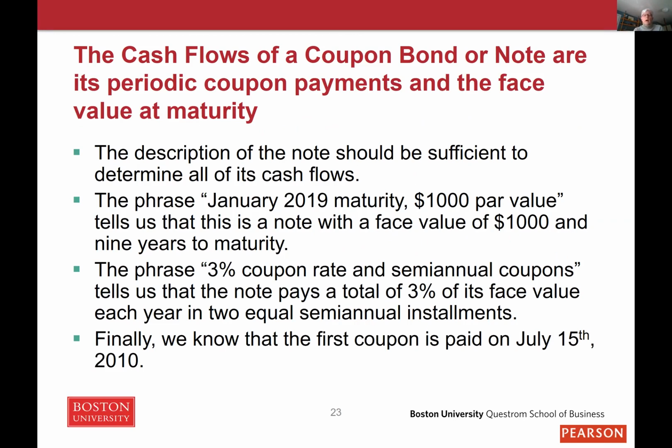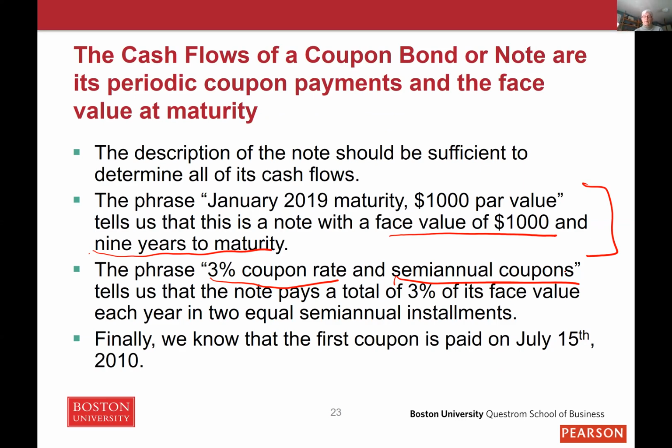So this phrase right here tells us that the face value is 1,000. And since today was January 2010, it tells us that we have 9 years left to maturity. 3% coupon rate and semi-annual coupons, that's what I was doing with you when I made up that problem on the earlier slide.